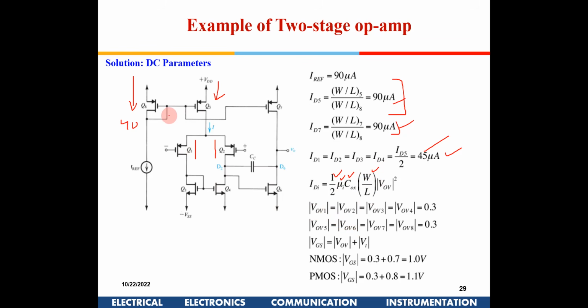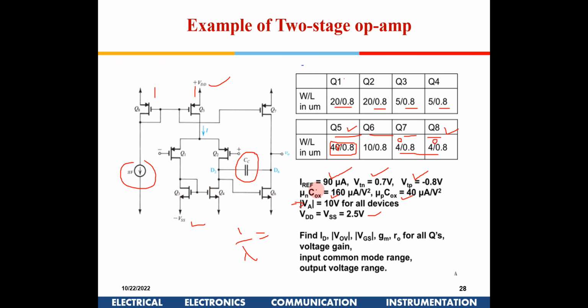So for transistors 1, 2, 3, 4, this is 5. This is PMOS. Q3 and Q4 are NMOS. Q1 and Q2 are PMOS, right?